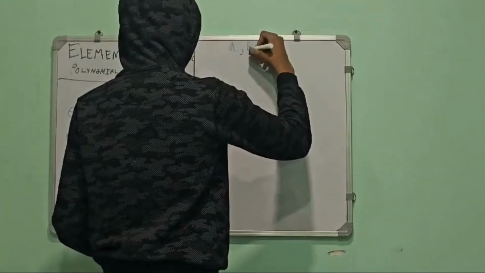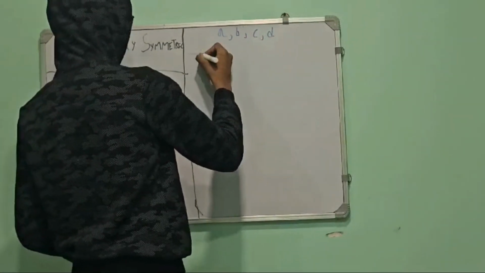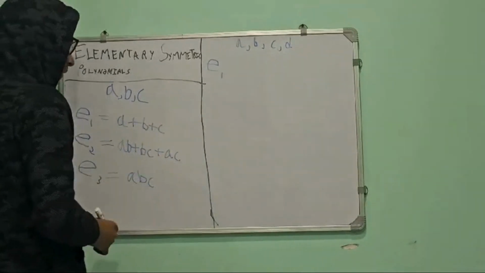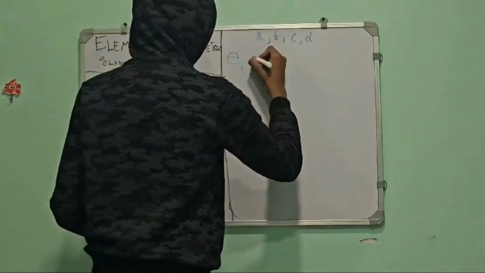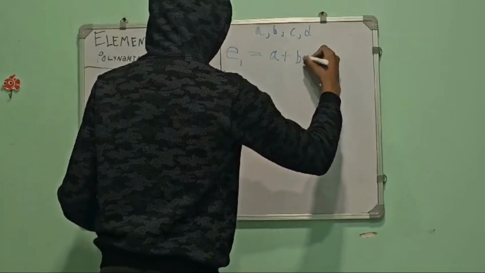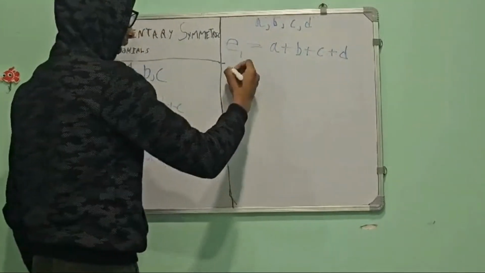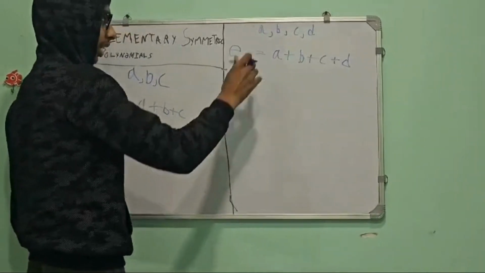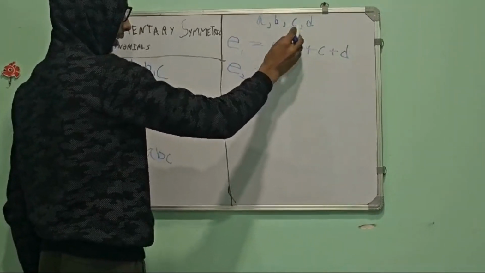Let's take another example with four variables a, b, c and d. So what is e1 going to be? It's just going to be the sum, because there is only one way to make one combination, which is just take one of them at a time. And now when we come to e2, we can do it like ab, ac, ad, bc, bd or cd.